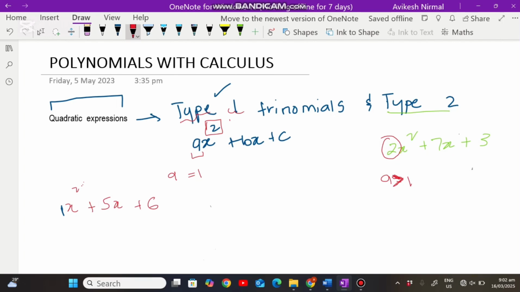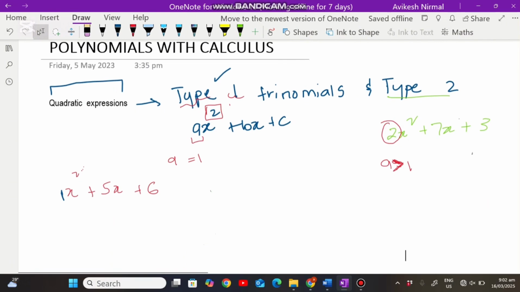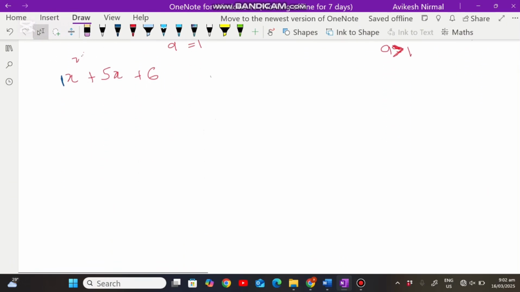So let's go ahead and factorize these trinomials. I'll be showing you this question first. Let's just say this is example 1. So how do I go ahead with this problem? Now I want you to think about integer numbers. Just for example, if I have 12 here, think of numbers which multiply to give you 12.